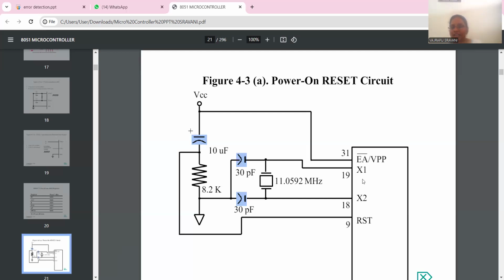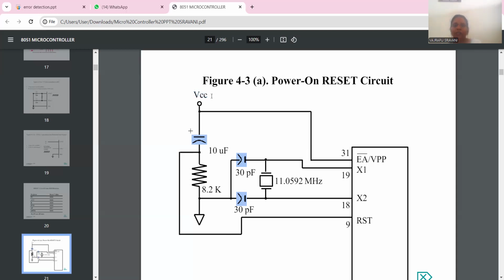Here XTAL1 and XTAL2 are connected with the quartz crystal, which is connected with the ground. Without applying any supply, at that moment the capacitor is in discharge mode and reset is not working. Whenever we switch on, VCC starts, and when we apply a 5 volt power supply to VCC, the supply will go through the circuit and RST will be active high.